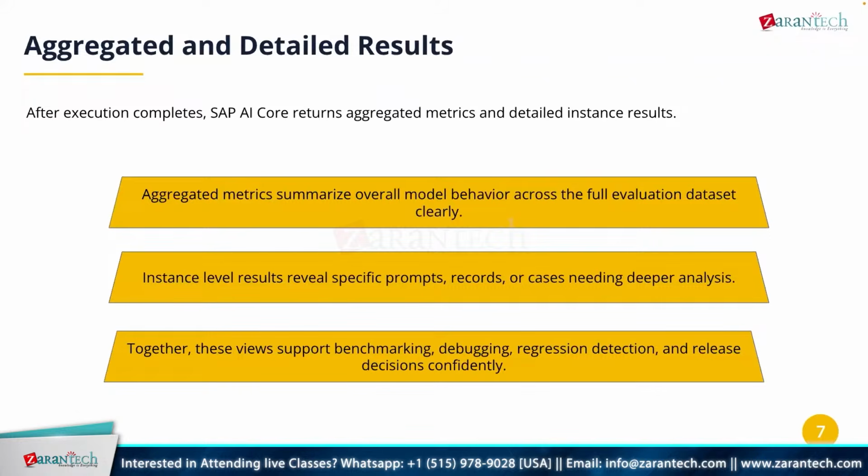As I told you already, it returns system metrics, which are automatic, and it returns the execution logs, which are an automatic capture for you. So these two things will happen. It will never return business or model metrics unless you provide them. Please make this point as a note.